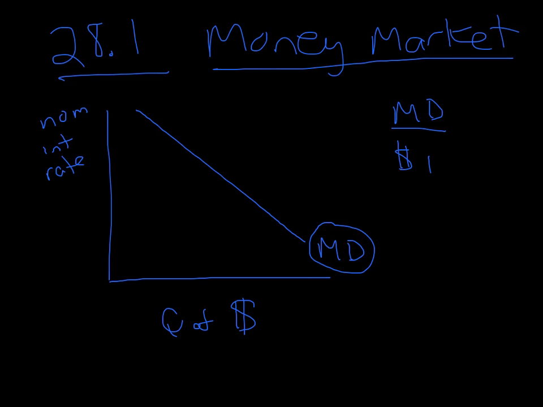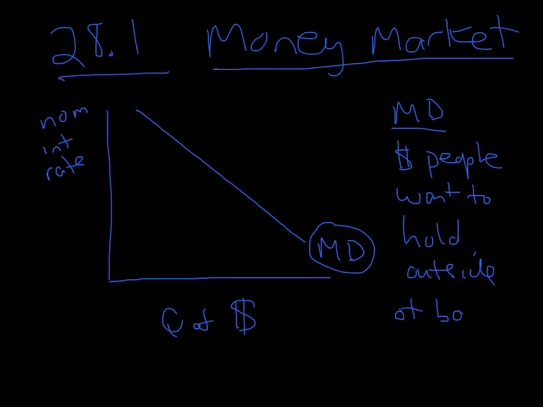So the money that people want to hold outside of banks. So therefore, this money could be what you have on your person, your wallet, or in the house. So what is that contingent upon?